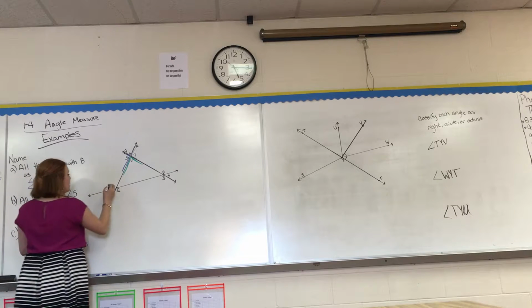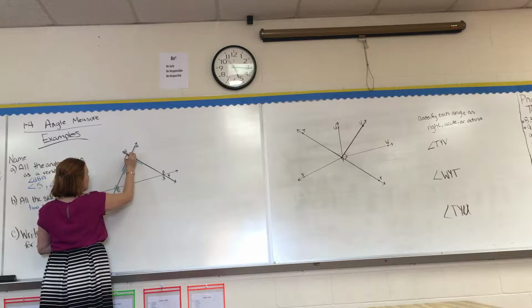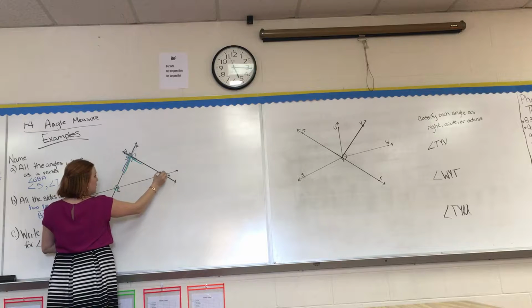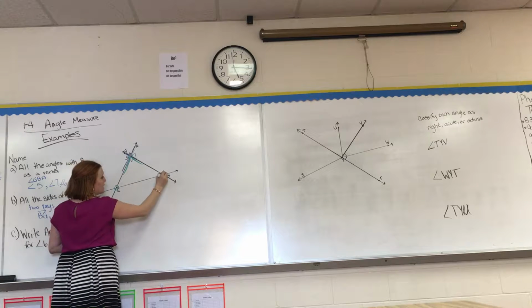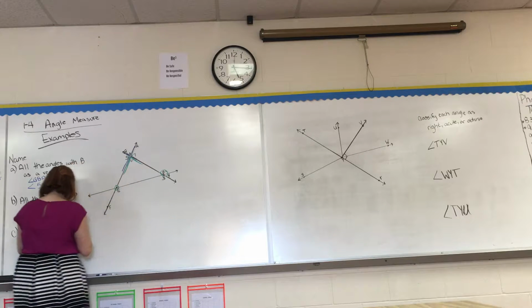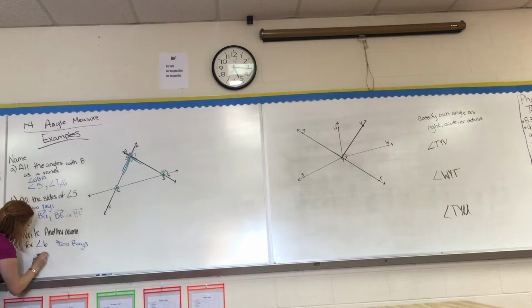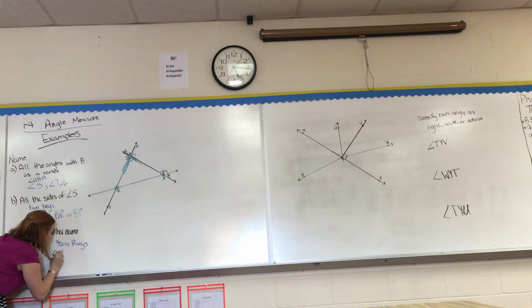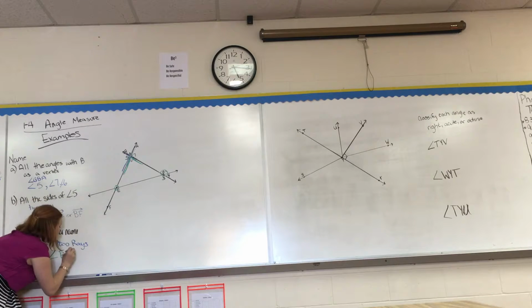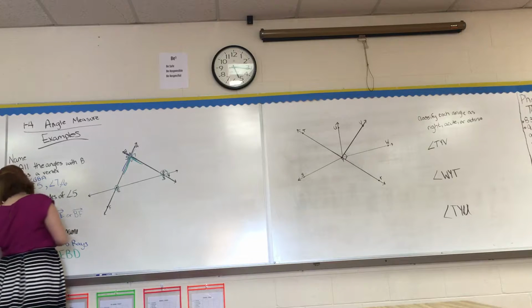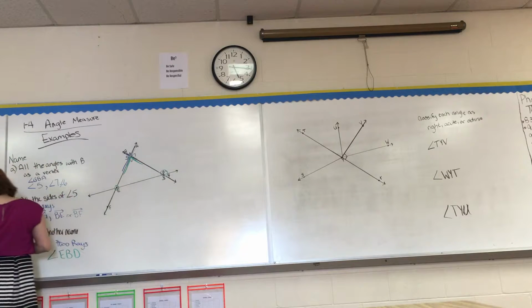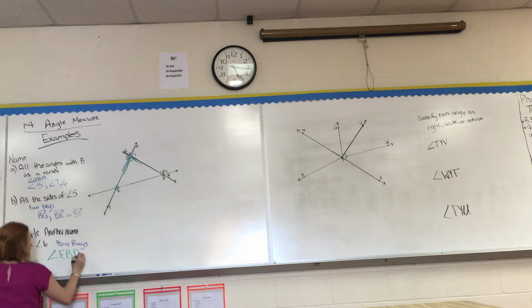First off, we have E, then we get the vertex, which is B, and then lastly, if we keep following this line, we get D. So what is that angle? It is angle E as in elephant, B as in boy, and D as in dog. There's a couple different other ways you can write it.